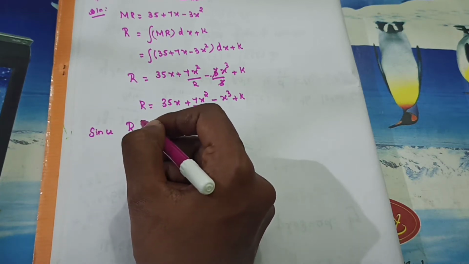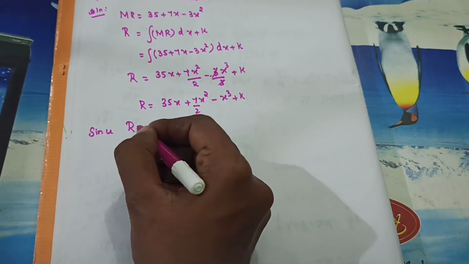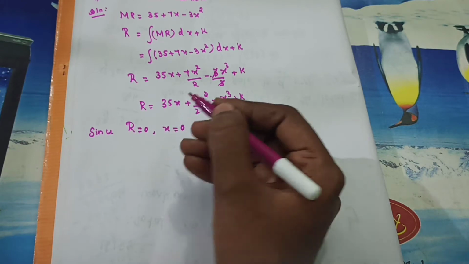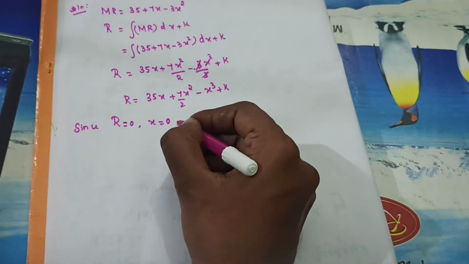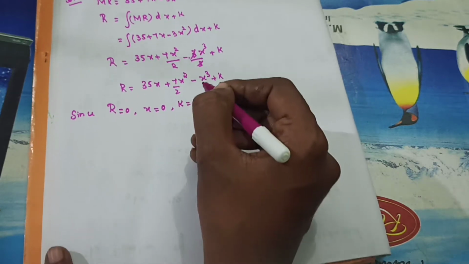The reason is, if you see the definition on page number 67, K is a constant of integration which can be evaluated under the given condition when X is equal to 0 and total revenue R is equal to 0. So what values do you need to apply? R equal to 0 and X equal to 0. If you apply like that, K will also be 0. According to the definition, in the place of K also 0.